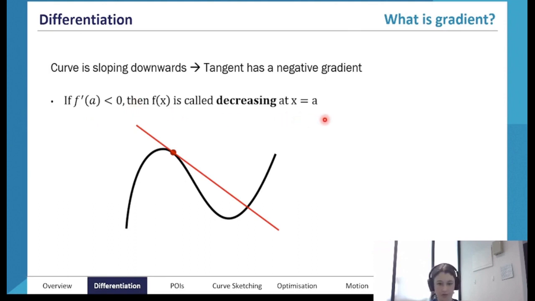So a review of all of that is: if the derivative is positive, the curve is increasing. If the derivative is negative, then the curve is decreasing. And this is how we can use the derivative to know things about the curve itself: whether it's increasing, decreasing, what the gradient is, etc.